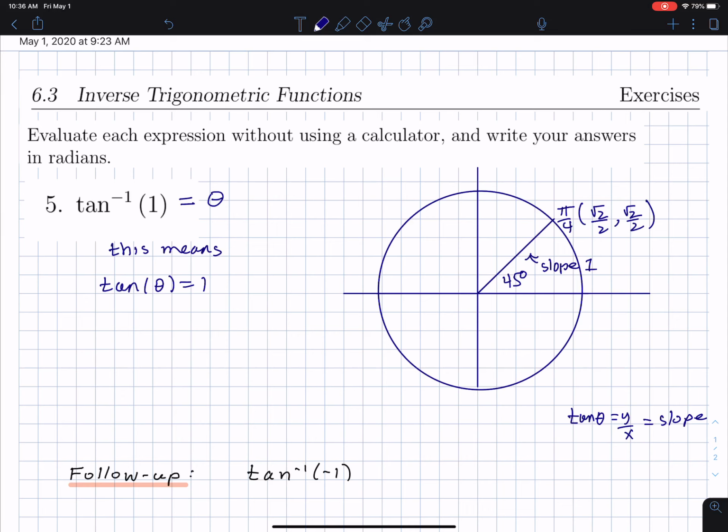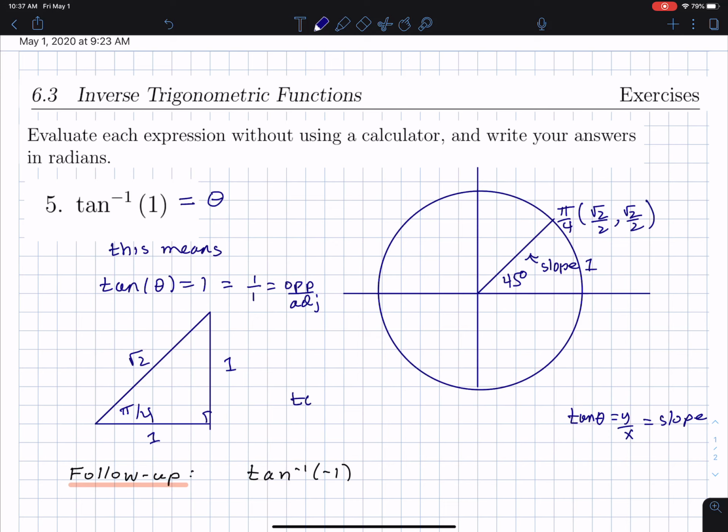So yet another way to do this is to draw a right triangle. So tangent is equal to 1 over 1, and tangent is opposite over adjacent. So you can write 1, 1, a right triangle, and then you hopefully will recognize this right triangle as corresponding to pi over 4.